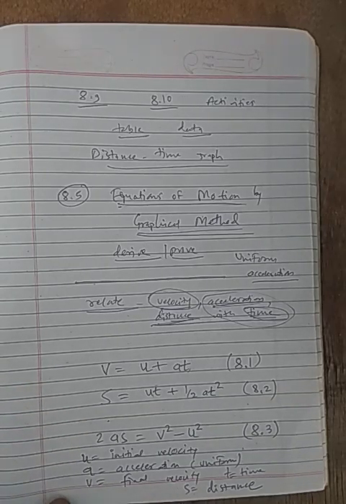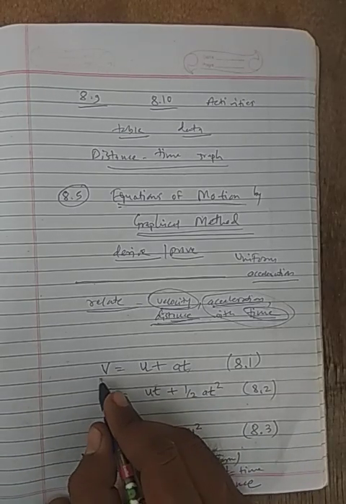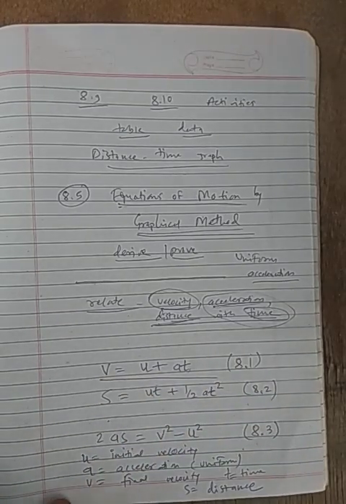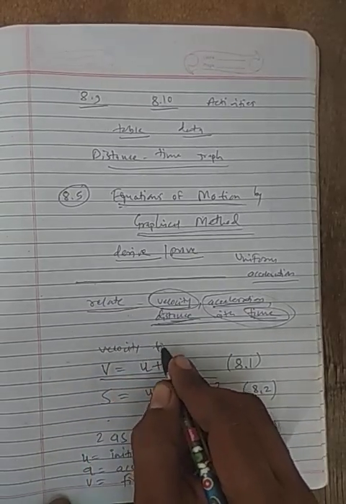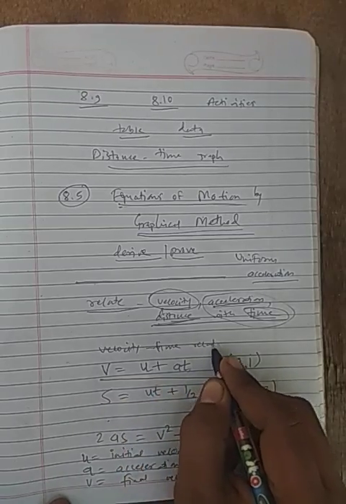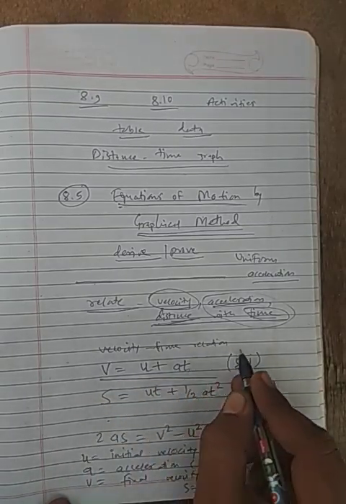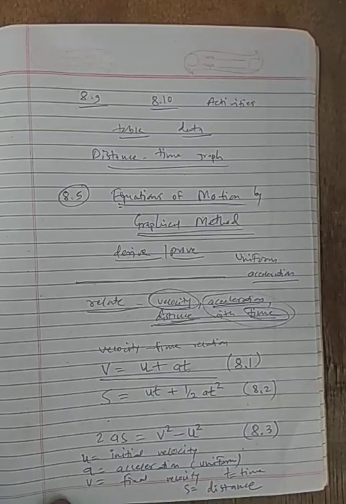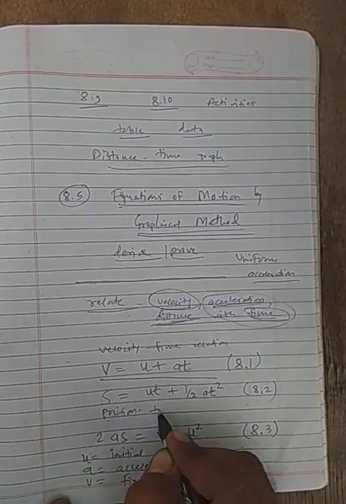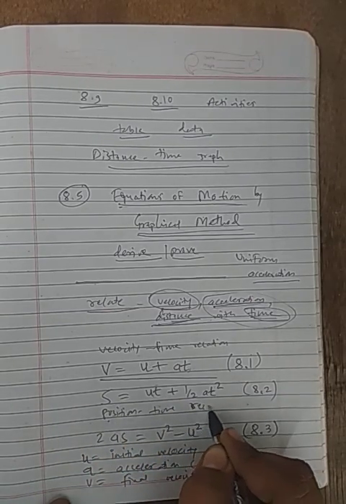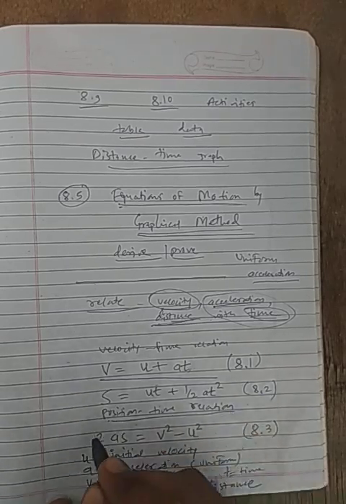So these are the three equations which we will study. The first equation describes the velocity-time relation. The second equation represents the position-time relation. Now you may wonder what position is.